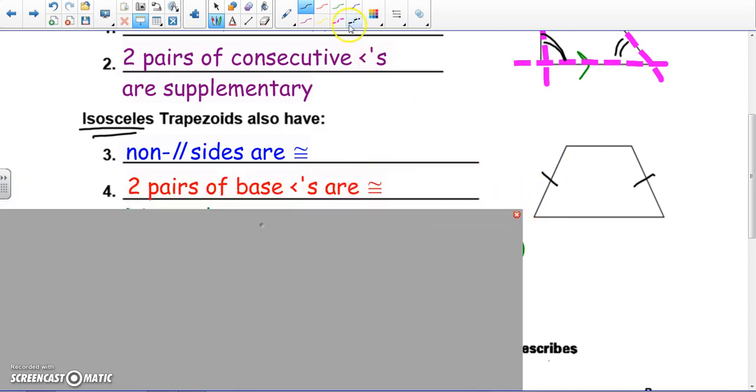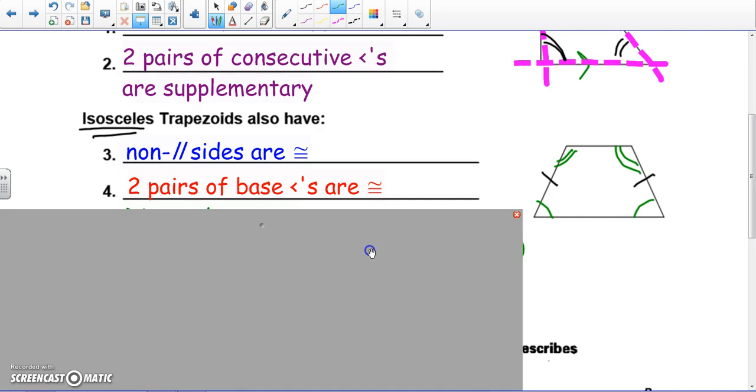Isosceles trapezoids have two pairs of congruent base angles. So those two are congruent, and these two base angles are congruent. That's also what we know about an isosceles trapezoid.